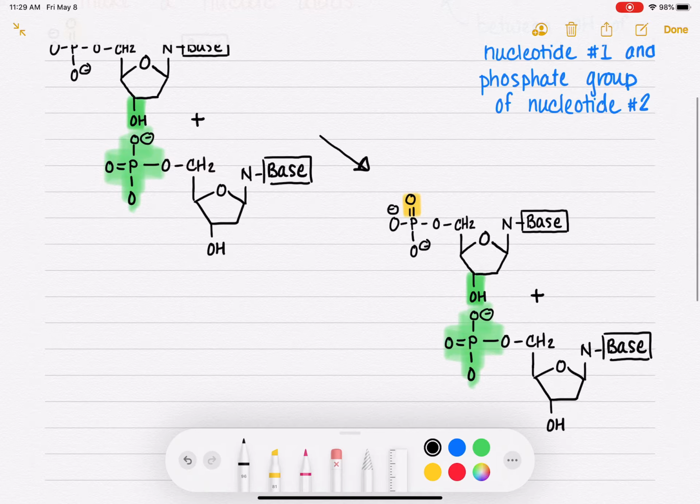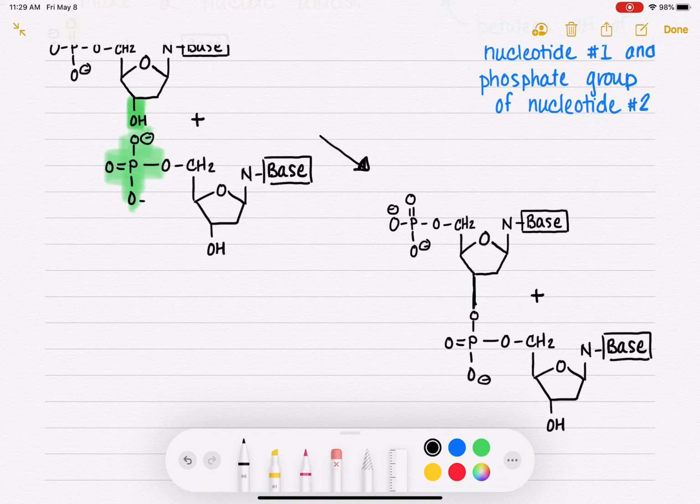And so what we're going to modify is this area of the ring. So the OH group goes away, and the oxygen of the phosphate group is now directly connected where that original OH group was located. We still have a negative charge down here.